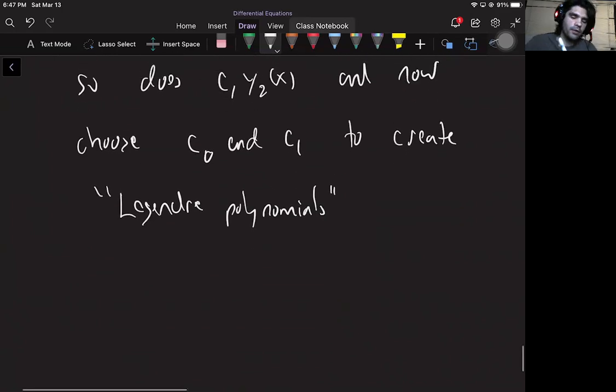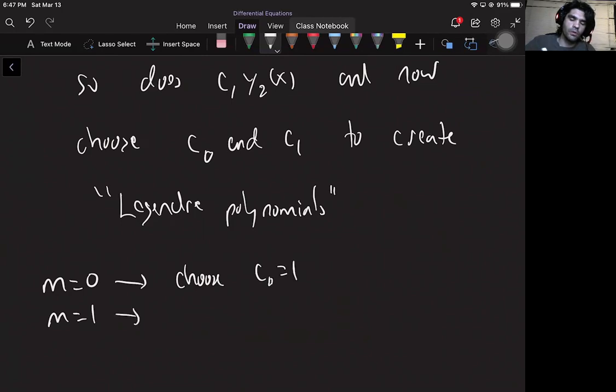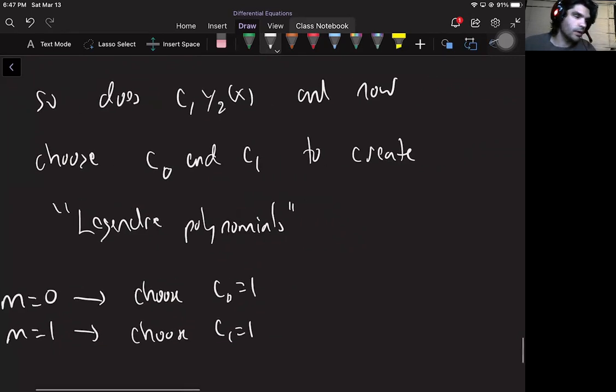So for m equals 0 and m equals 1, for m equals 0, you choose C0 equals 1. And for m equals 1, you do the same thing. Choose C1 equals 1. So then what's the polynomial you get?